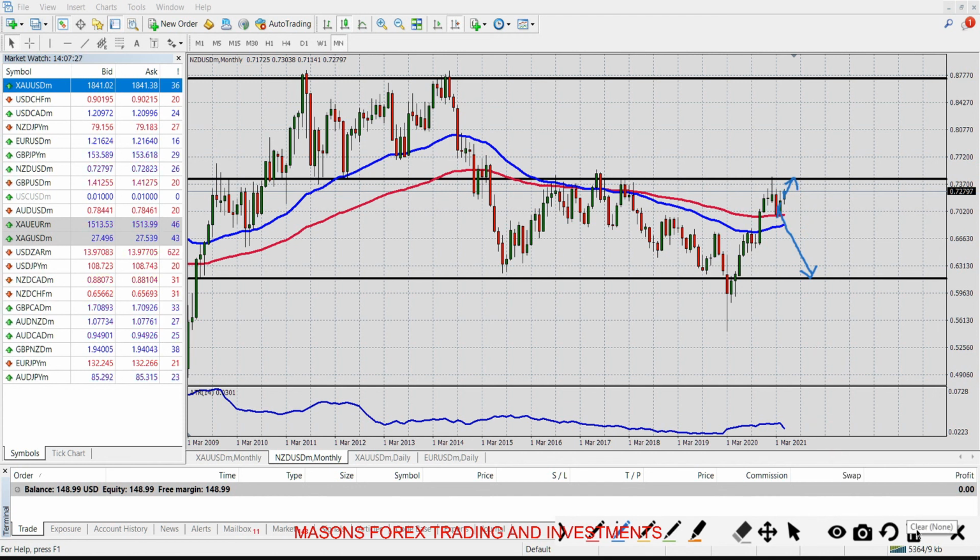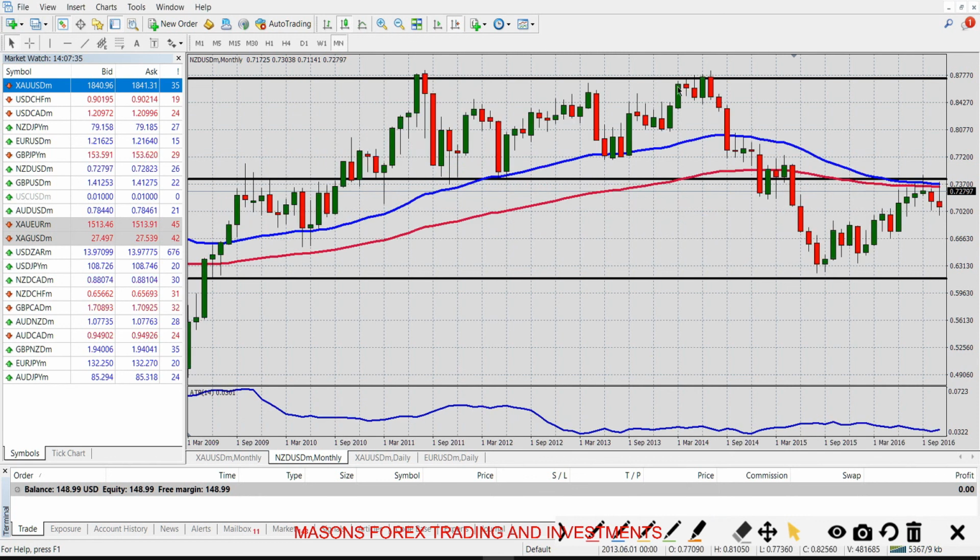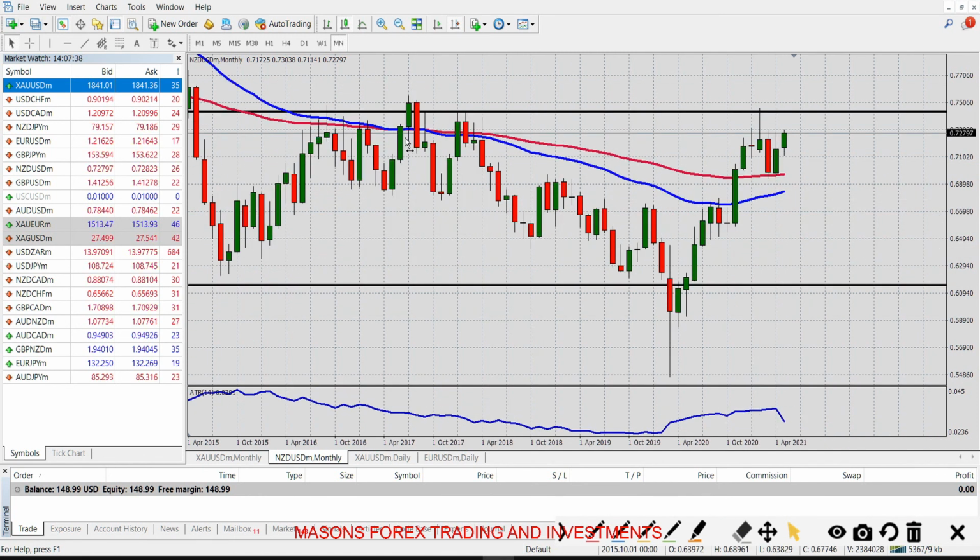So let's see what we can do. What can happen here is price can push up to this level and rotate, come back lower. So we could look to enter here.